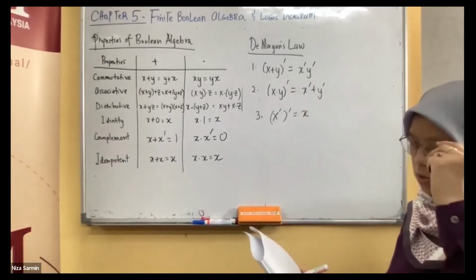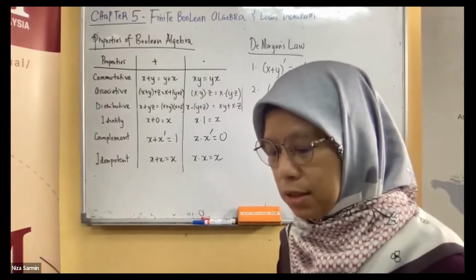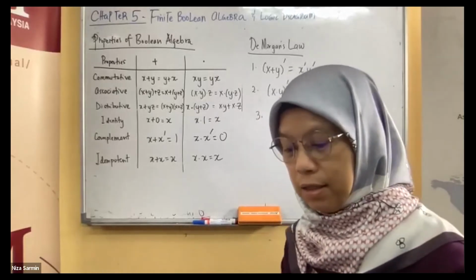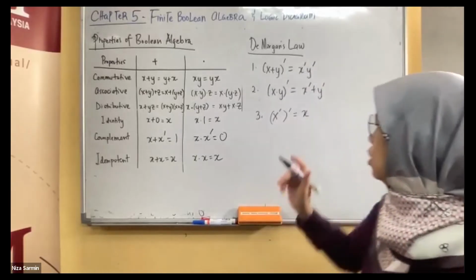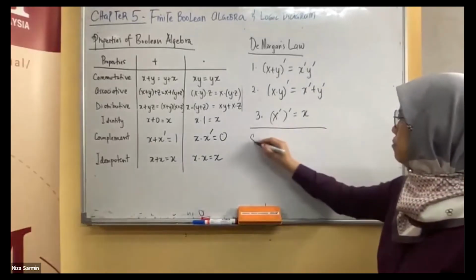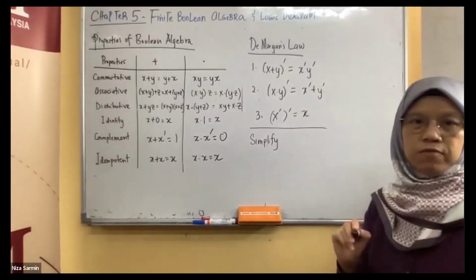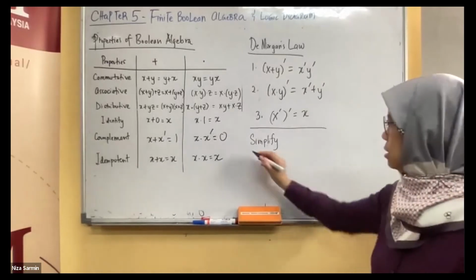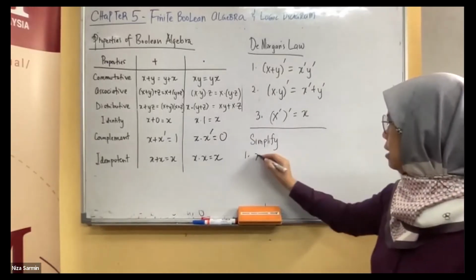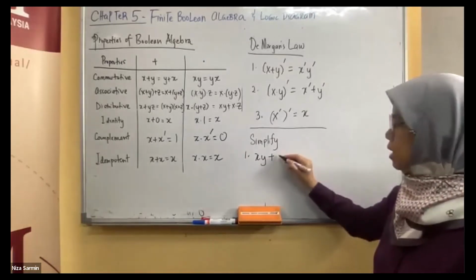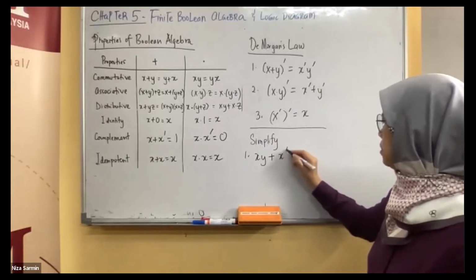Okay, now this is the question that will be asked. Simplify the following Boolean expression using the properties. So for the first one, simplify xy plus x prime y.